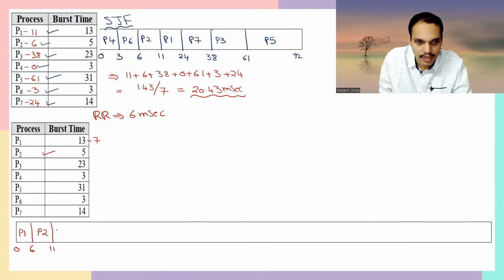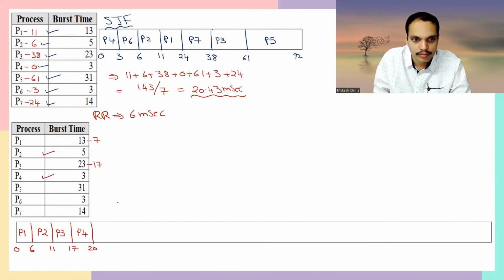Next comes P3. So for P3, once again, I add 6. I get 17 here. Next comes P4. I complete the execution of P4 at 20 because this is also done.